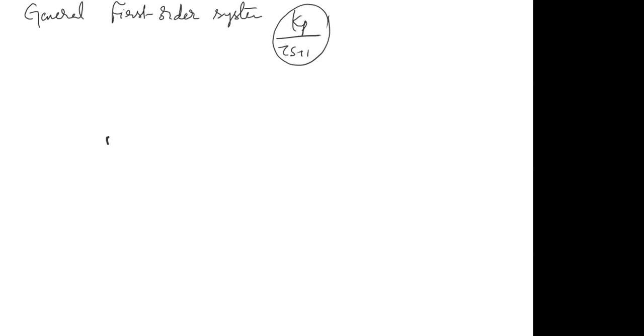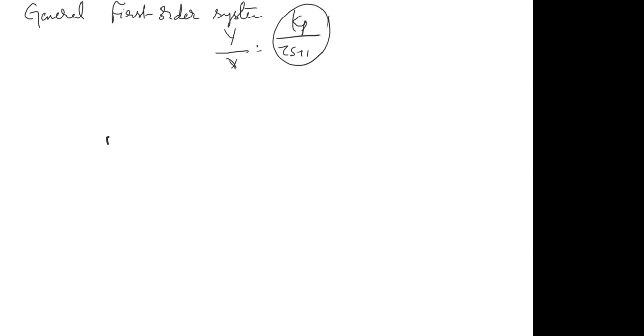Now, let's take a general first order system. You have, let's say, Kp by tau s plus 1. Its output is y, its input is x. Now onwards, I don't need to write y of s, x of s also.